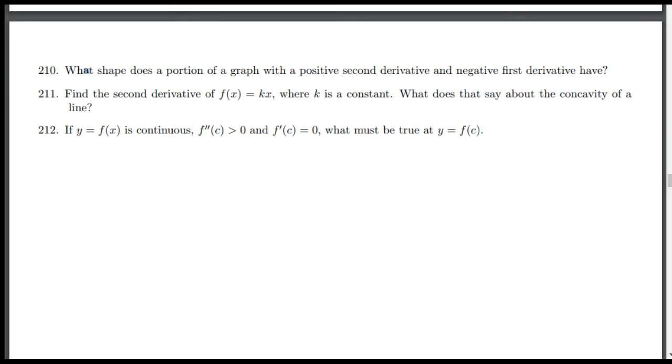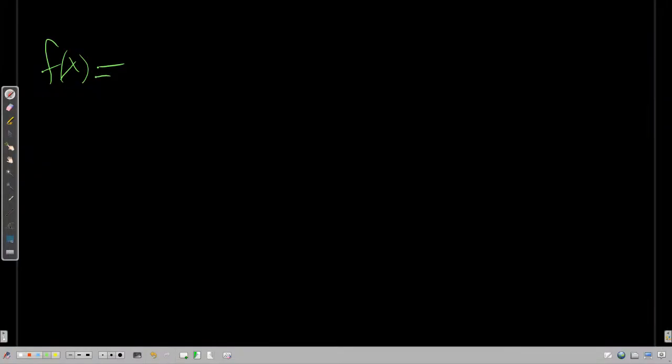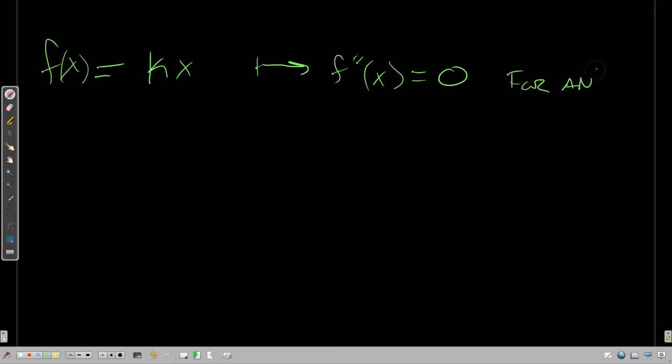So if I just have this line that goes through the origin and it has some slope k, then the second derivative of this will be 0. But it's 0 for any x value, for every x value, in fact. For every real number.